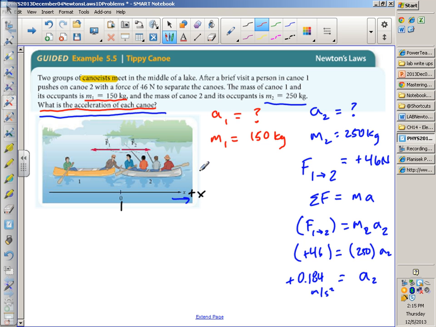So there is a force of canoe 2 pushing back on canoe 1. Newton's third law says those forces are equal and opposite. So they're 46 newtons in magnitude, but if it's opposite, what does that mean? It's going to be in the negative direction.